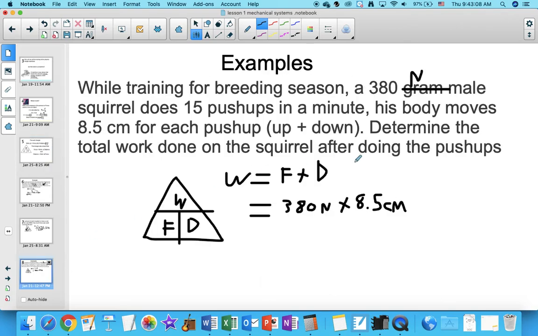So how do I turn 8.5 centimeters into meters, right? Well, we know that 100 centimeters make a meter, right? So 8.5 centimeters is the same as saying 0.085 meters. So now I have meters.